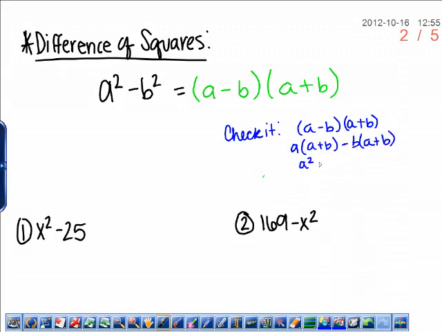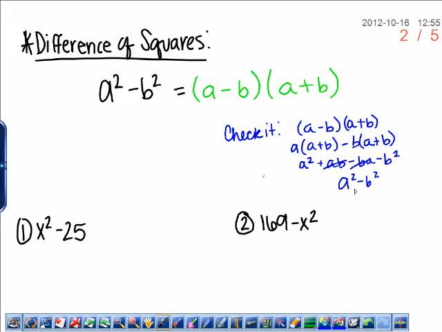I'm going to get a squared plus ab minus ba minus b squared. What happens to those middle terms? They cancel. A squared minus b squared. So a squared minus b squared will always factor into a minus b times a plus b. Okay?